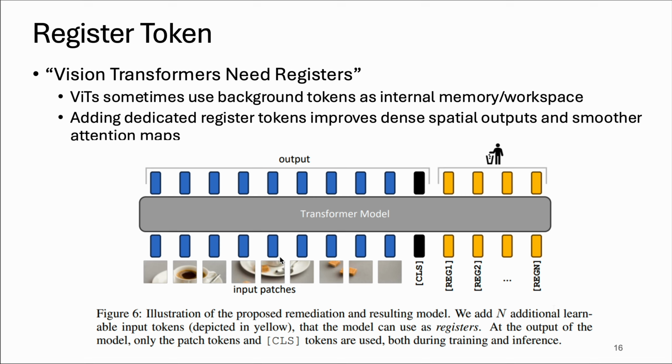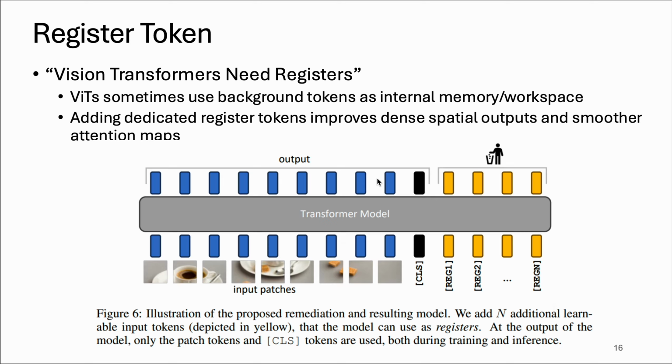The register token was first proposed in the paper Vision Transformers Need Registers. Here we briefly describe what a register token is. From this image, we see clearly that the idea is straightforward. For input image patches, normally we append a CLS token to the image tokens and feed this into the transformer model.